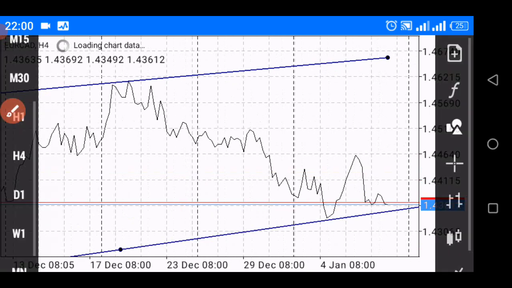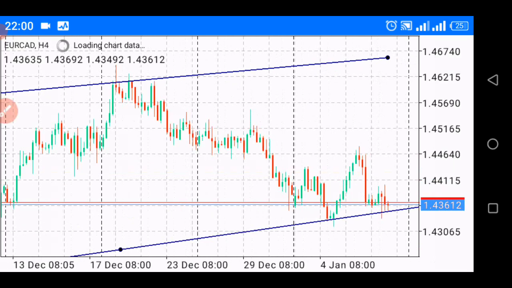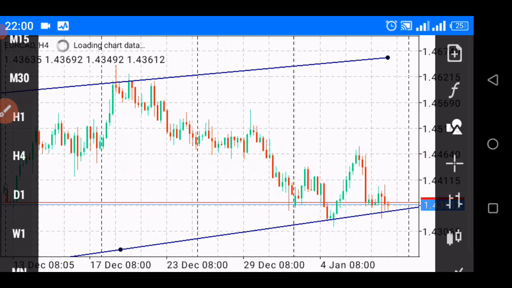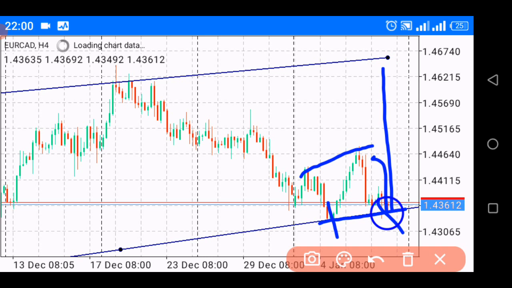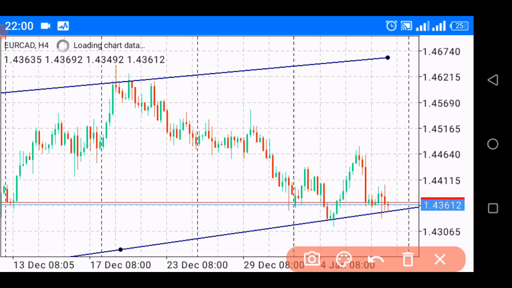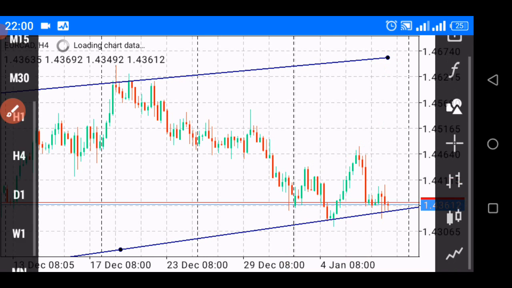And what we can see here is, first we see our first touch here, we see the second touch. Probably we may have this, or we may have this like this, and break out of this shadow. But I'm not so sure of that movement.